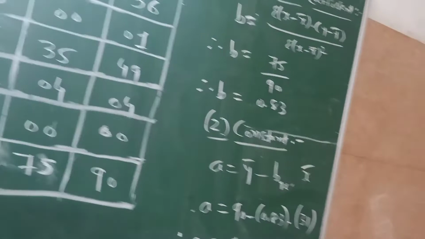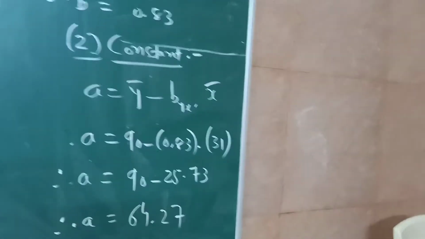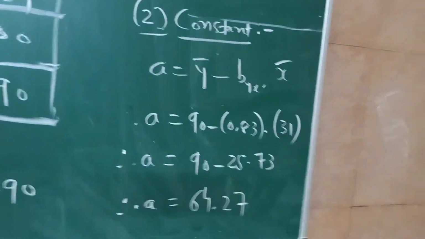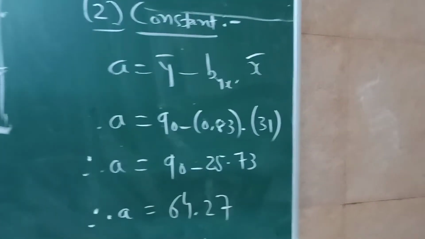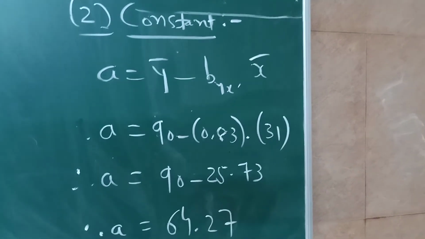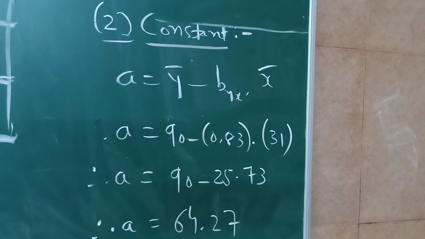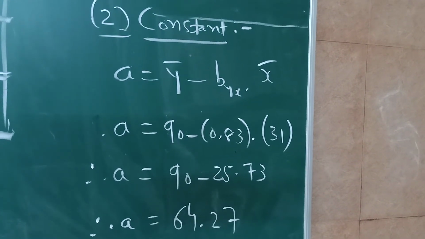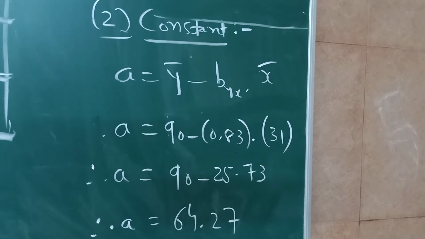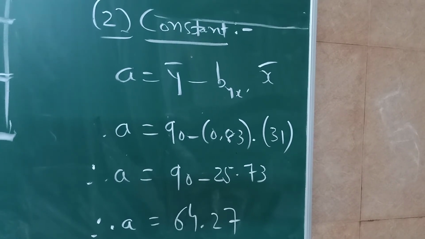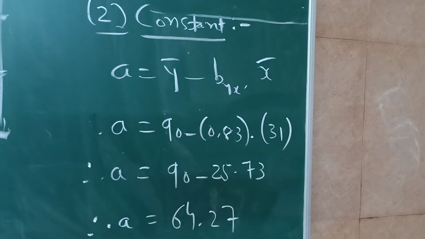Second step we find is the constant. The constant is denoted by a. A means y bar minus byx into x bar. We put the values of y bar, x bar and byx or b. Then we got the answer of the constant.